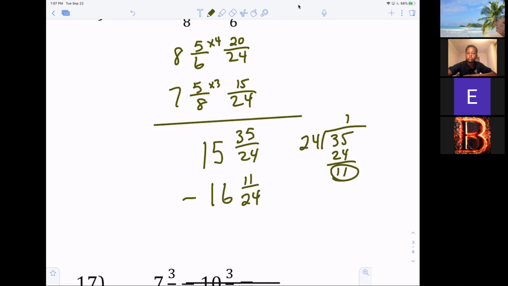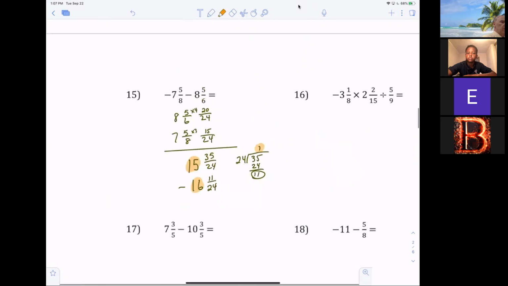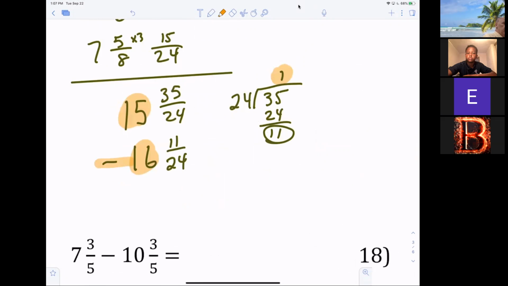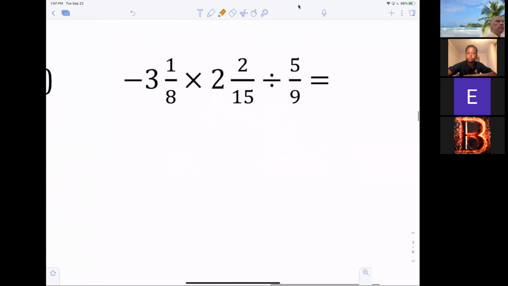And then that 1 that's here is added to the 15, which makes 16. All right? Negative 16 and 11 over 24. You okay with that? All right, let's do the next one now. Another long one, but that's okay.